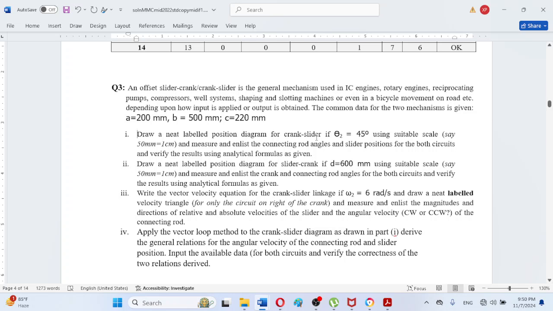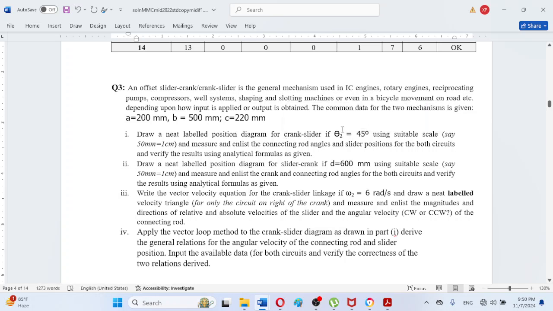diagram for the crank dash slider, meaning crank is the input and slider will be the output. Remember that I have told many times that when the crank dash slider terminology is written, that means crank is the input, so the input will be unique, its location will be only one, and the output or the slider will have two locations, so there will be two possible locations of the slider for the input position or location of the crank.